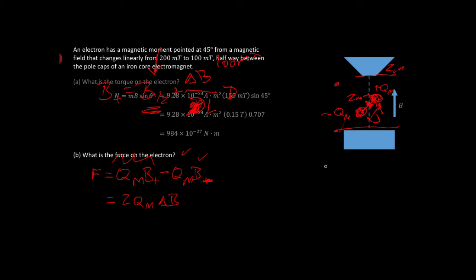And the magnetic moment is going to be equal to that QM times the distance between the pole caps. So that's the same distance here and here.